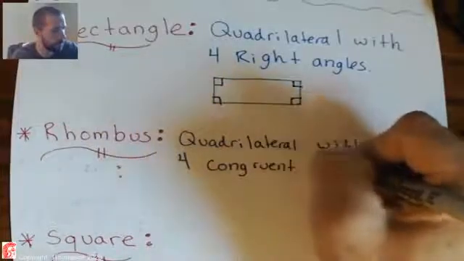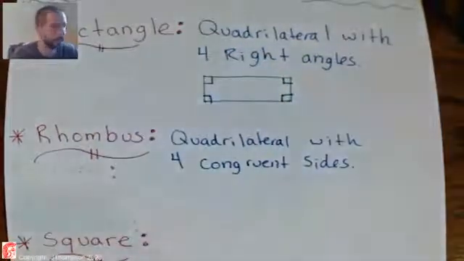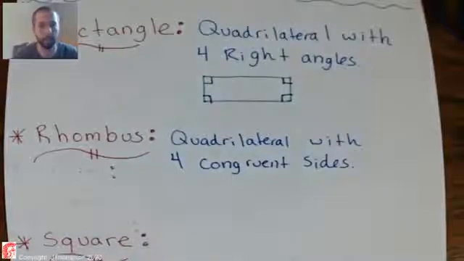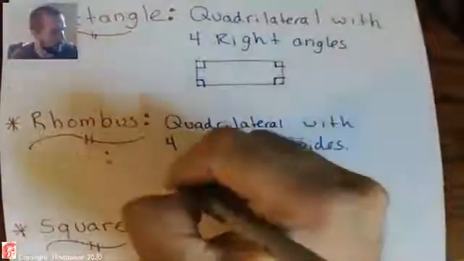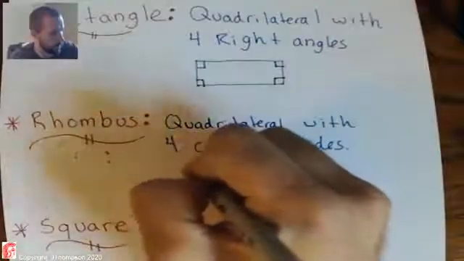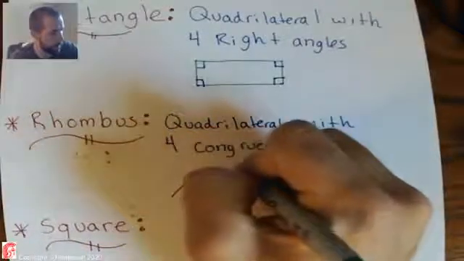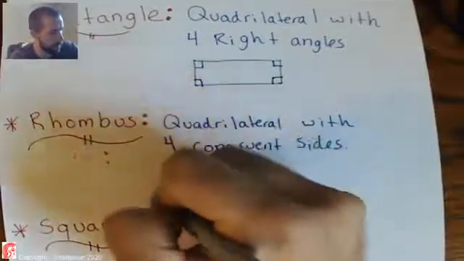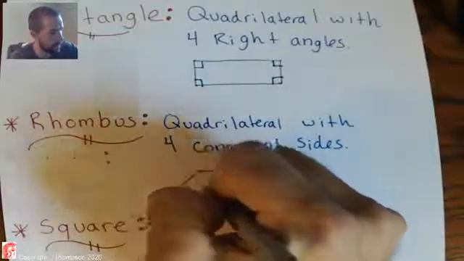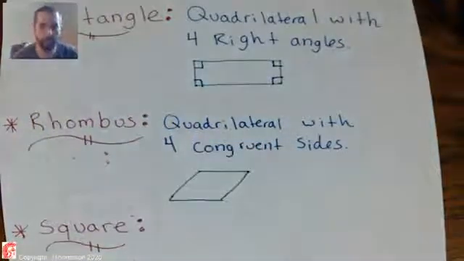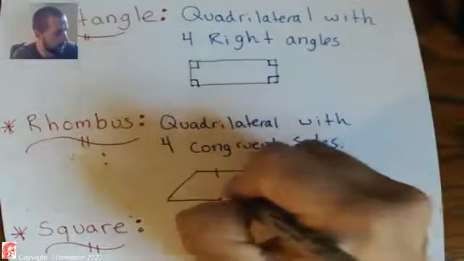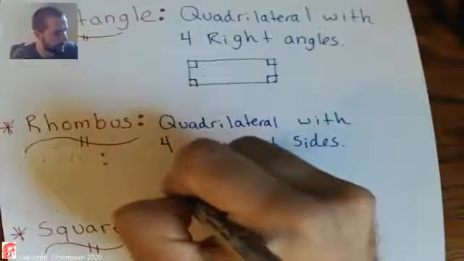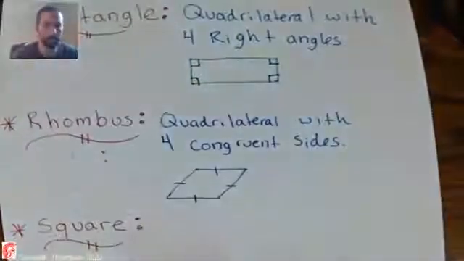So a lot of times you might have heard this being described as a tilted square, because a square, as you know, has four congruent sides, but it's kind of tilted. So something sort of like this. So it's got four congruent sides. So in each side, I'm just going to put one tick mark indicating that each side is the same length. So that's what a rhombus is.